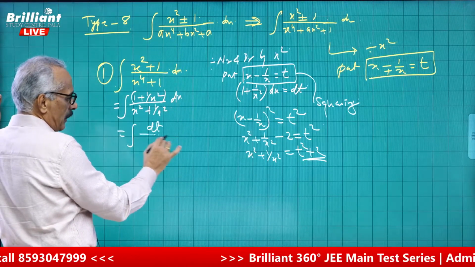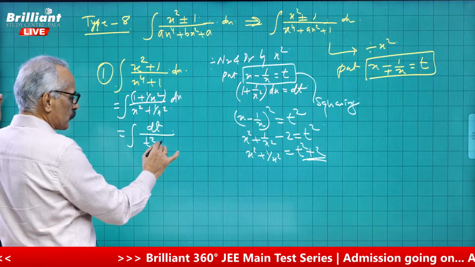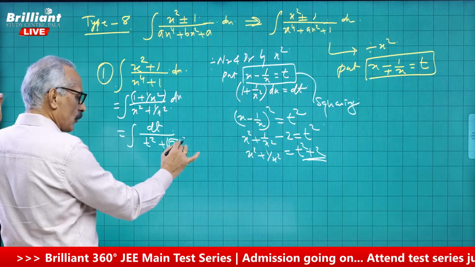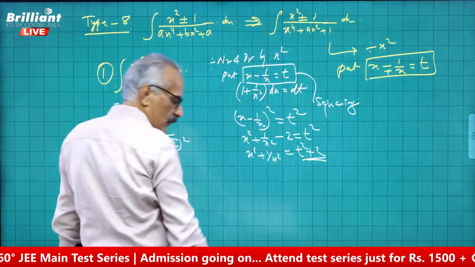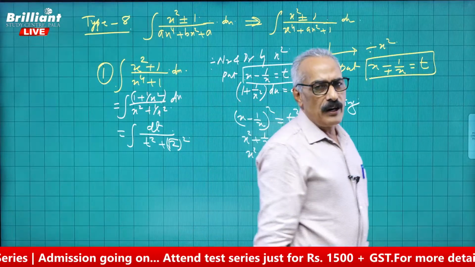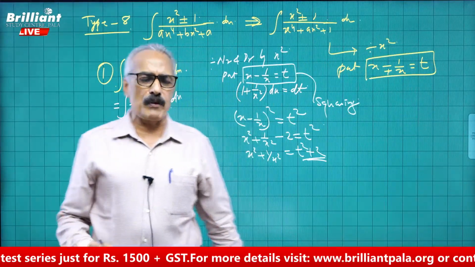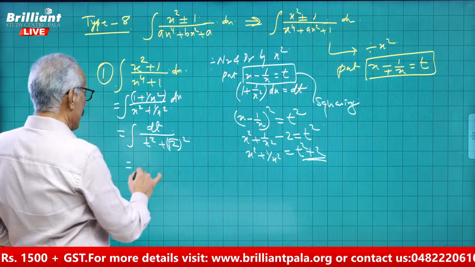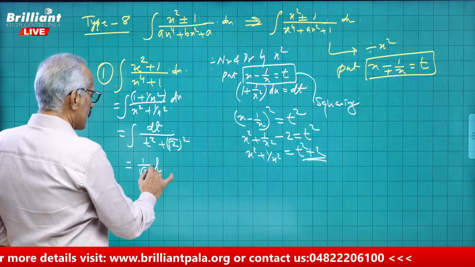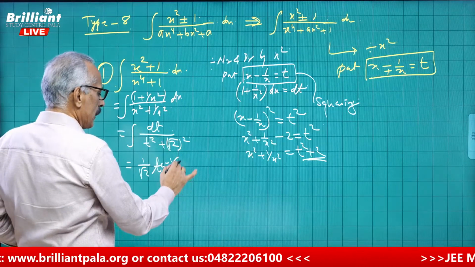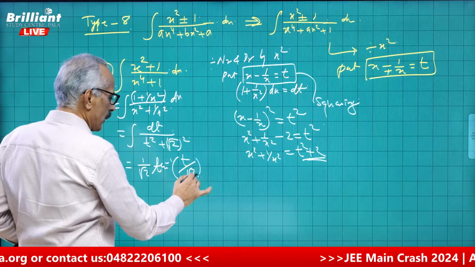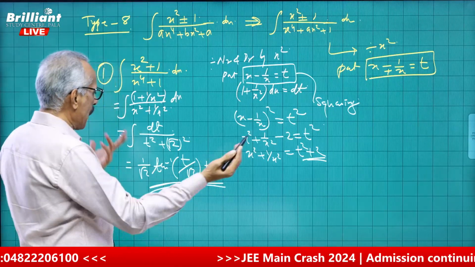Integral dt divided by t square plus 2. 2 means root 2 the whole square. Now take your formula table. Integral 1 divided by t square plus a square becomes 1 by a, here 1 by root 2, tan inverse x by a, means t by root 2, plus c. Integration finished. Put back your t.